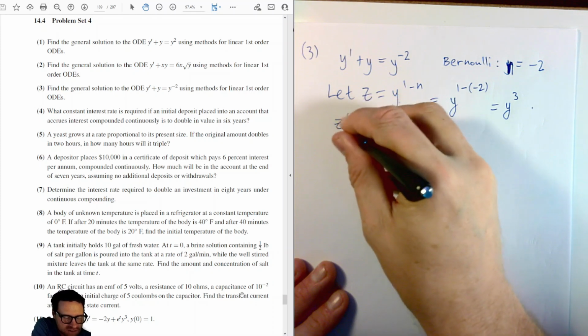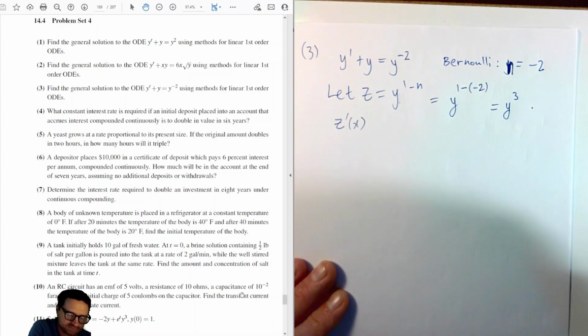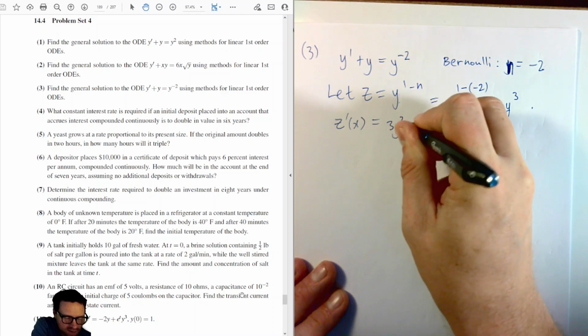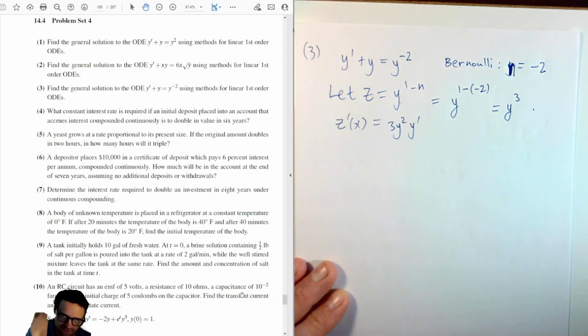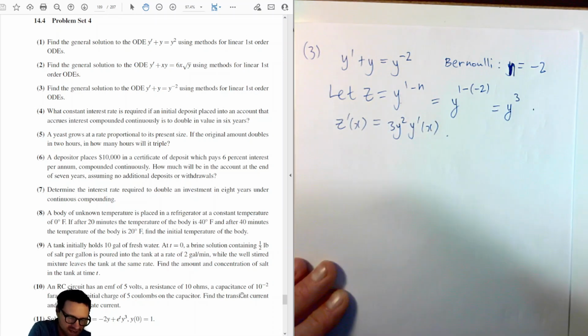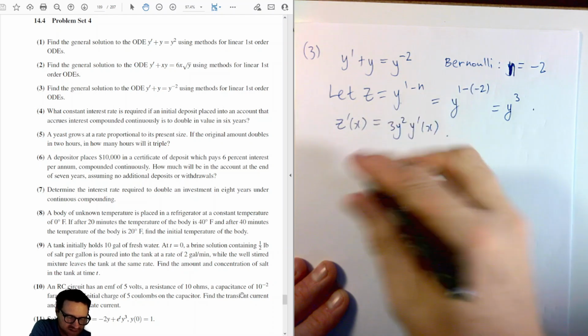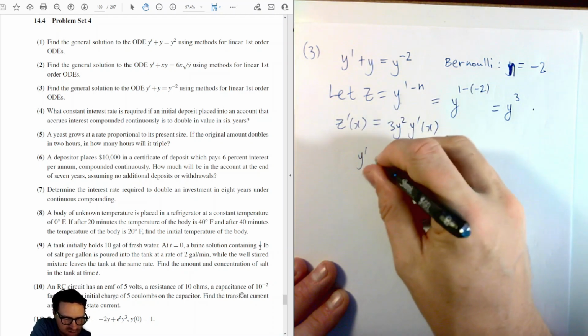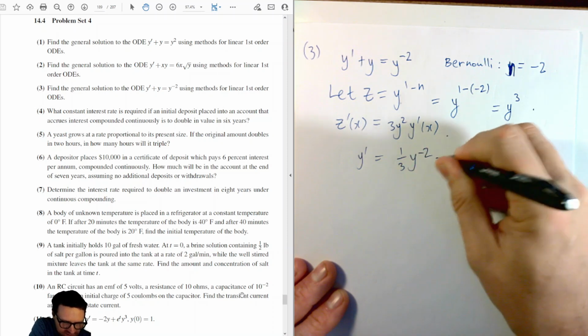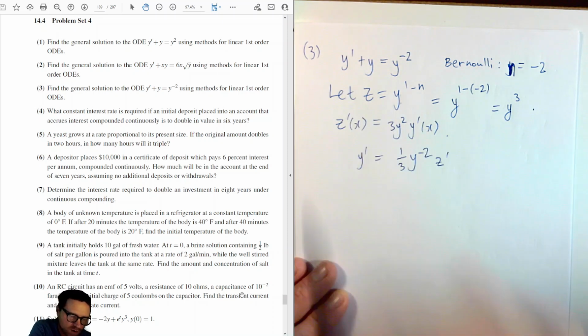So z dash as a function of x is 3y squared times y dash using the chain rule. Okay, and so dividing both sides by this, we've got y dash is equal to 1/3 y to the minus 2 times z dash. And so now we want to sub that in.